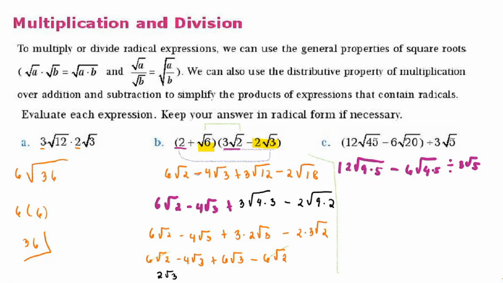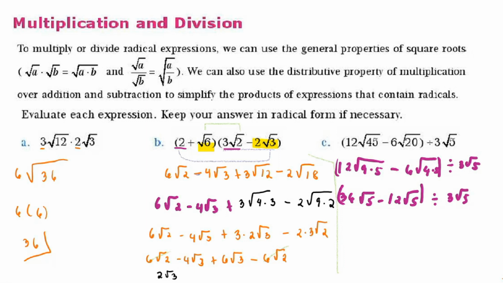So square root of 9 is 3, times 12 becomes 36 square root of 5, minus square root of 4 is 2, times 6, we have 12 times square root of 5, divided by 3 square root of 5. Take note there is a quantity for that here.